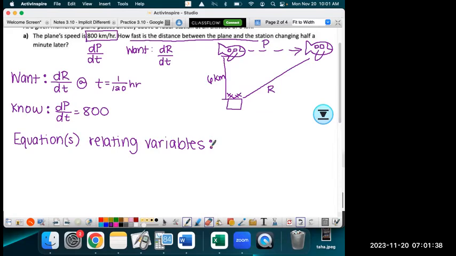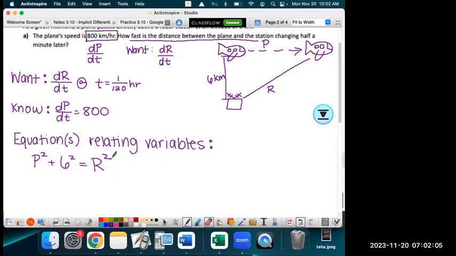C squared would be, in this case, p squared plus 6 squared equals r squared. 6 is allowed to be in there because it will always be 6 kilometers above that radar station. That is not changing. That's perfectly fine. And don't just leave it as 6 squared. Clean it up. Make that a plus 36.